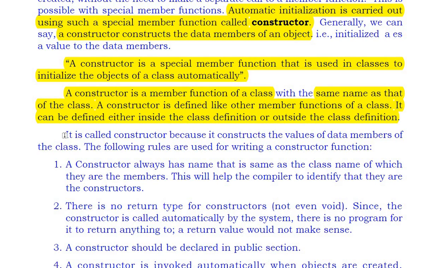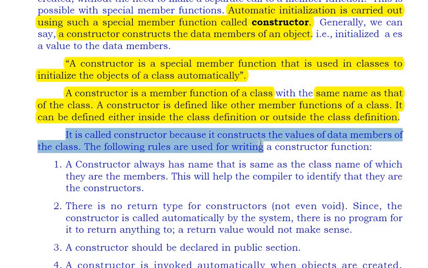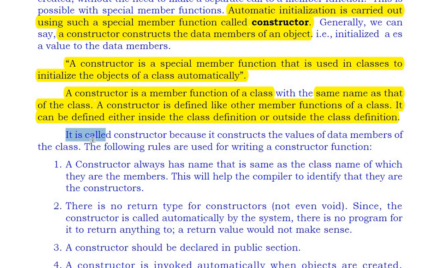Why is it called a constructor? It is called a constructor because it constructs the values of data members of the class. It assigns or stores the values in the data members of the class when an object is created.